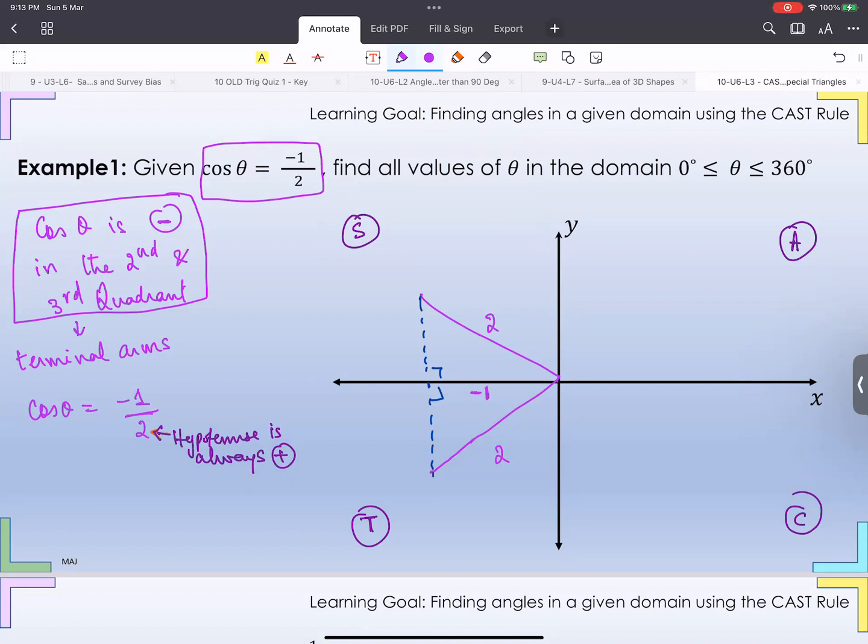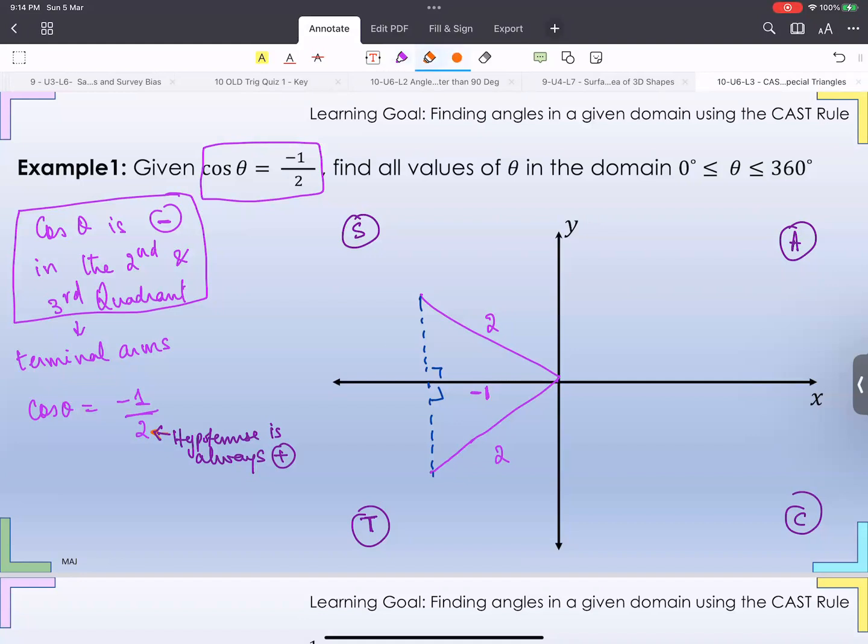So that is -1. We really don't need to find the opposite side, but if you're really interested in figuring out what the opposite side is, take a guess. Is it the 45-45-90 triangle or is it the 30-60-90 triangle? You guessed right. It is the 30-60-90 triangle.